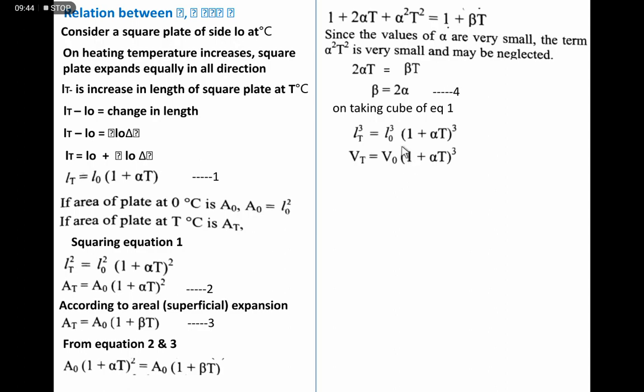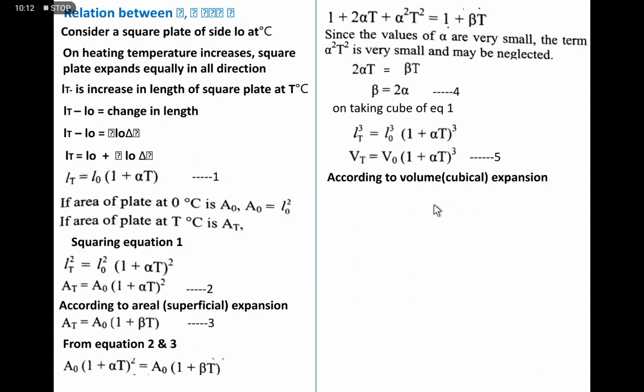This is the original volume of the cube, and this one is when heat is supplied, the temperature increases and the cube expands, that time the volume is V_T. So our equation becomes V_T is equal to V naught into bracket 1 plus alpha T, bracket raised to cube. This is equation number 5.